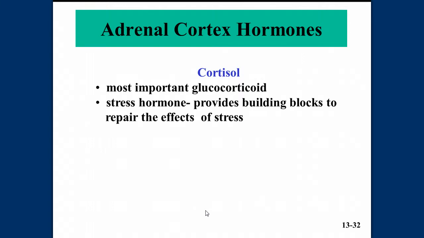So this is being researched right now for reducing calorie intake and other uses. Cortisol increases glucose metabolism.